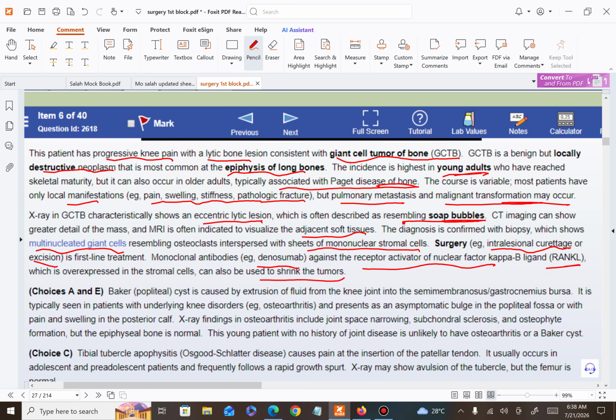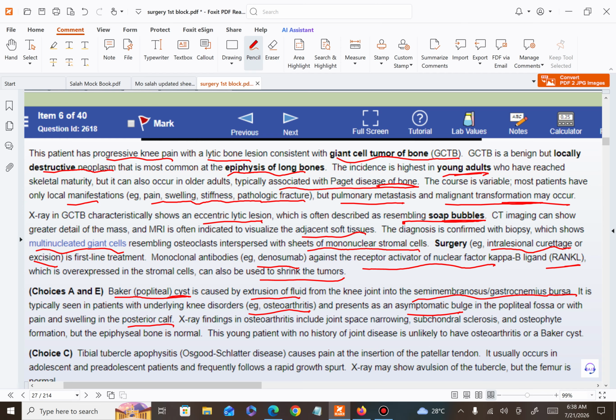The other option, Baker cyst, also called popliteal cyst, is caused by extrusion of fluid from the knee joint into the semimembranosus or gastrocnemius bursa. It is typically seen in patients with underlying knee disorders like osteoarthritis and presents as an asymptomatic bulge in the popliteal fossa or pain and swelling in the posterior calf.